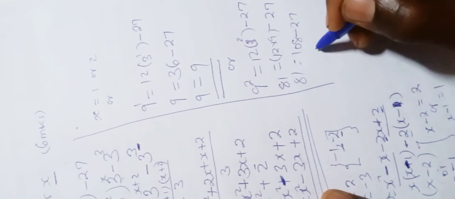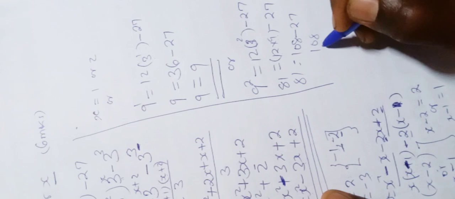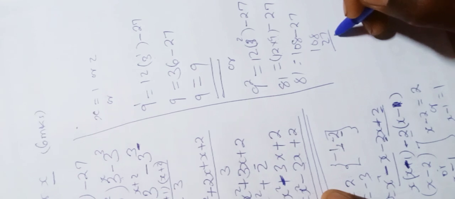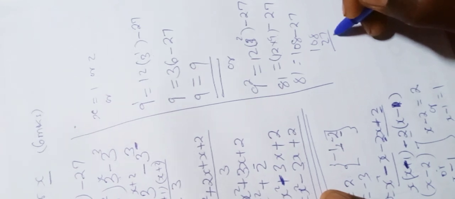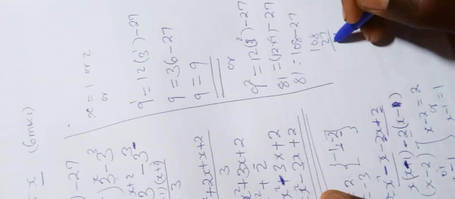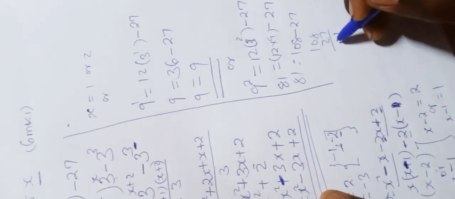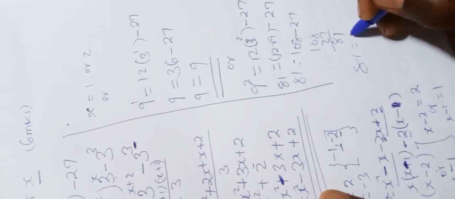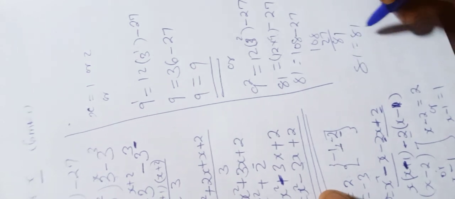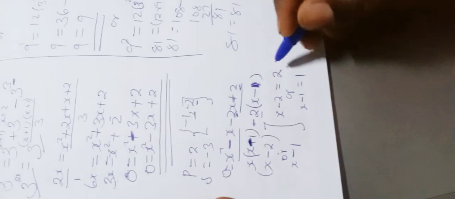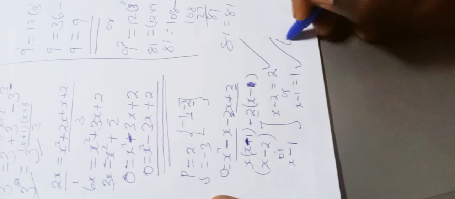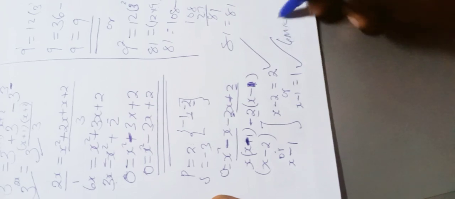Can we work out? So it will be 108 minus 27. So that I help somebody who doesn't know how to subtract. This is 1, this is 9, 8. So it is 81. Go to 81. So our answer was correct. So we have earned our 6 marks.